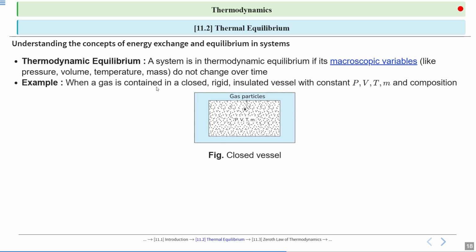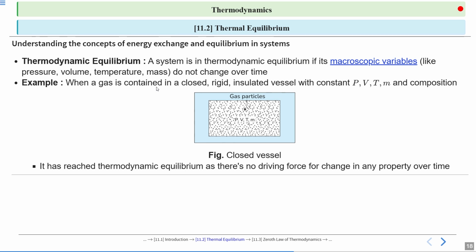Example: suppose we have a gas in a container. The container is closed, rigid and insulated, with constant pressure, volume, temperature, mass and composition. All right.